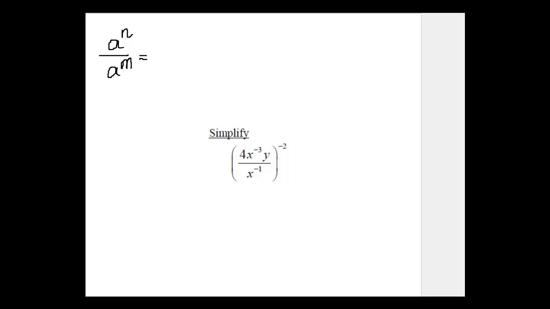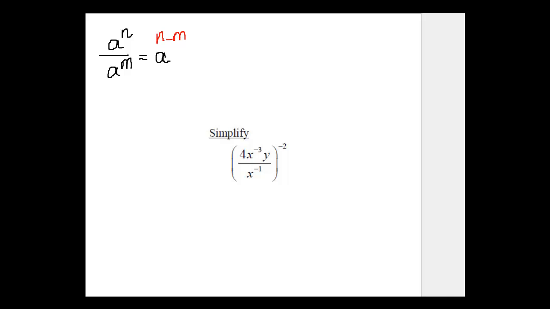That would be a to the power of what? Let's start with that. A to the power n minus m. Very good. So that would be a to the power of n minus m. So you subtract the exponents.